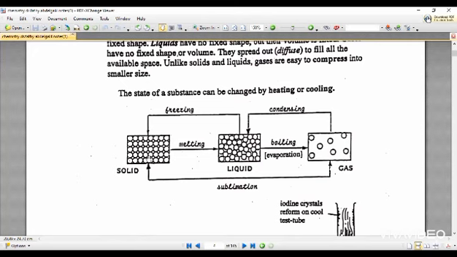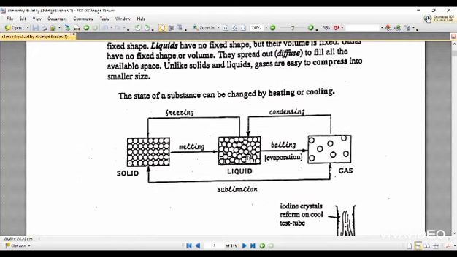But can we change a solid to a liquid for a certain substance, and a liquid to a gas? Yes, we can make these changes.